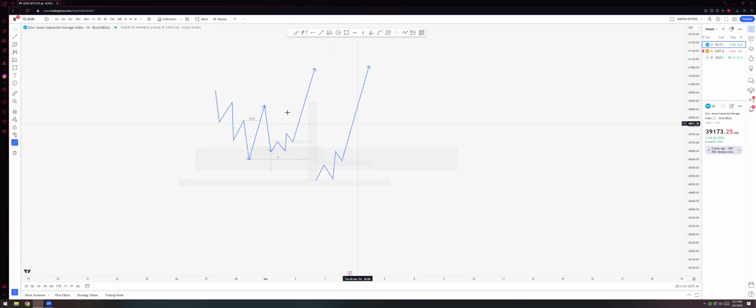When this is going to be invalidated, when we cannot say, okay, this is a valid trade for me to take, is if the market actually creates a new lower low like this with a body candle, does a lower high and does another break. At that point, if the market does that, we have to wait for everything to be reset again, which means it's going to give us one more time a break in our favor, grab liquidity, and give us a confirmation for us to take the trade.